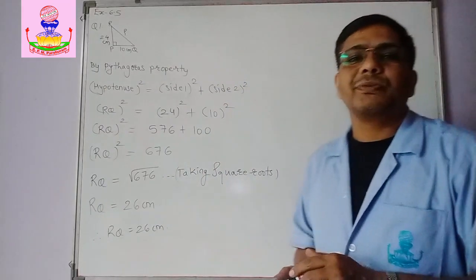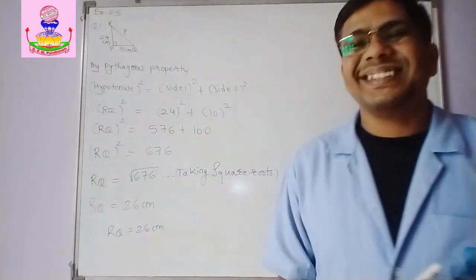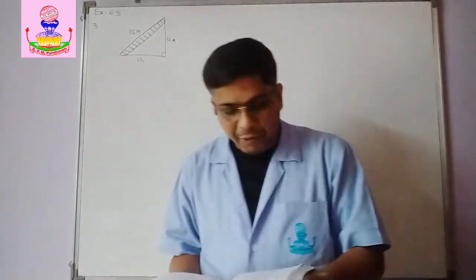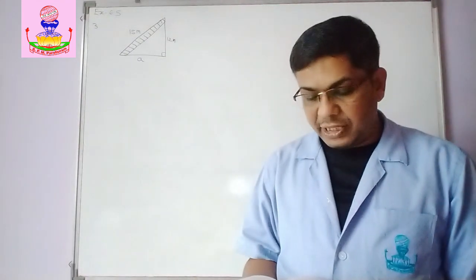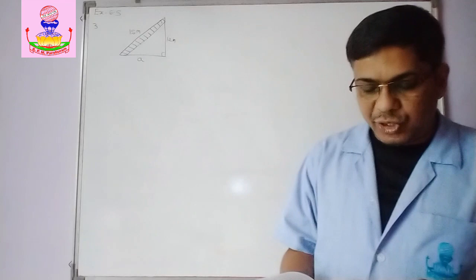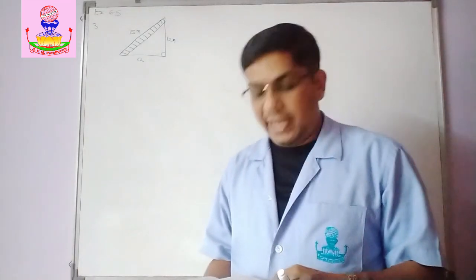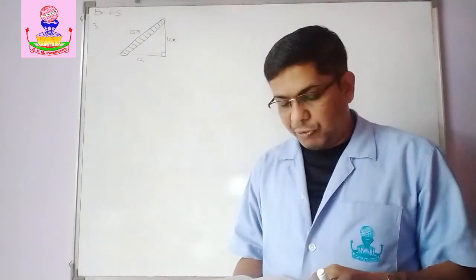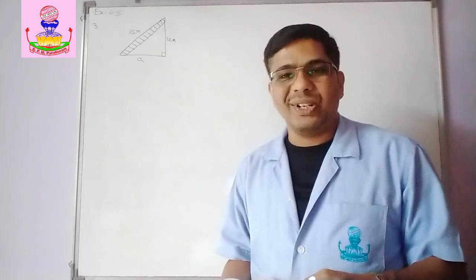Now let's move to the next example. A 15-meter long ladder reached a window 12 meter high from the ground on placing it against a wall at a distance A. Find the distance of the foot of the ladder from the wall.